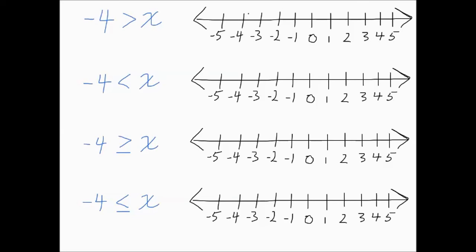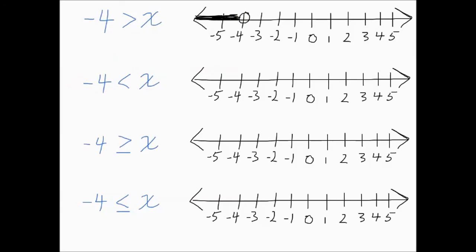So we would put an open circle above -4 and then shade everything to the left of that circle. x might be -5, -6, -6.1, -12.3, anything that is less than -4, but not equal to -4. x is not equal to -4, which is why we did not shade in this circle.